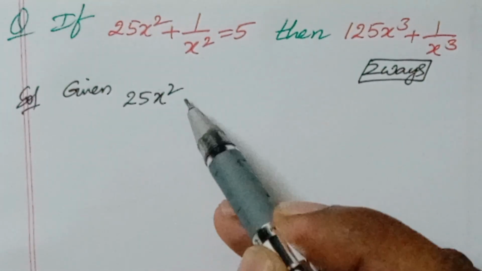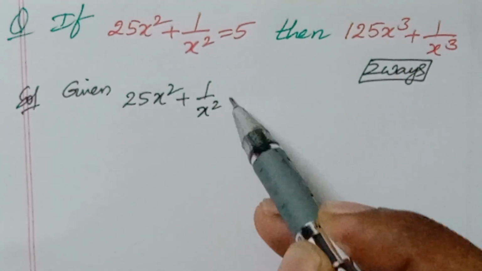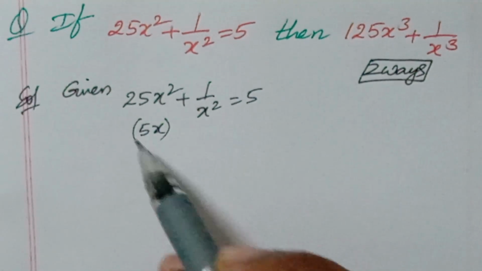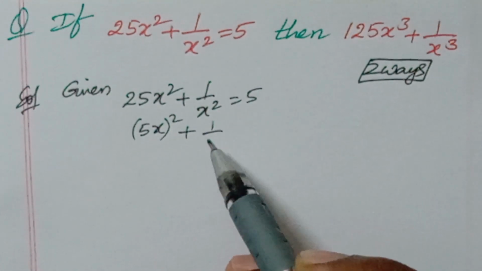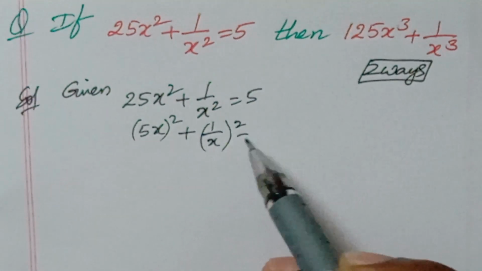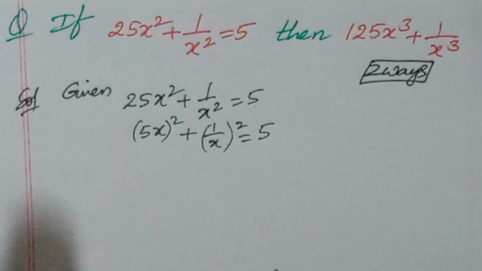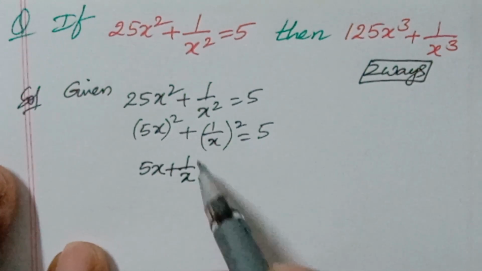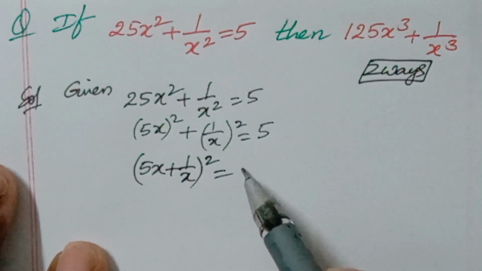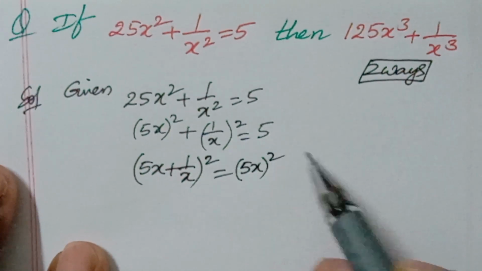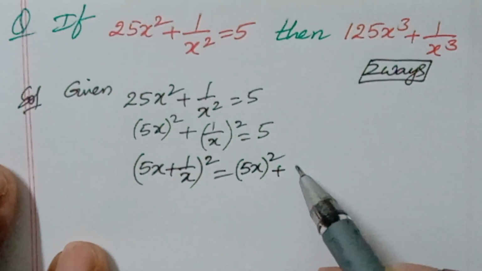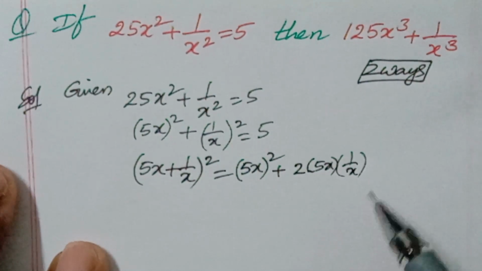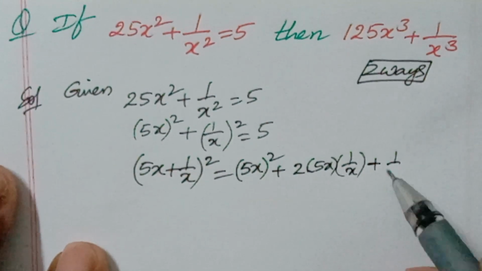First of all, given 25x square plus 1 by x square is equal to 5. This can be written as 5x whole square plus 1 by x whole square is equal to 5. Here, if you take 5x plus 1 by x whole square, you'll get 5x whole square plus 2 into 5x into 1 by x plus 1 by x whole square.